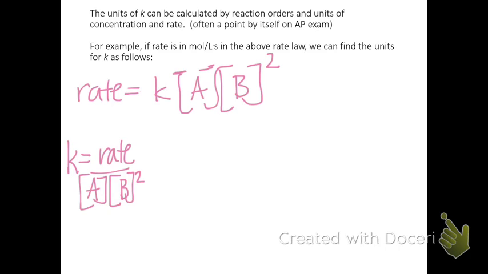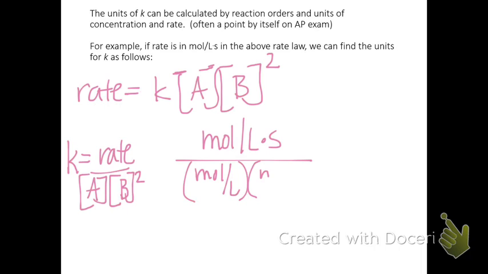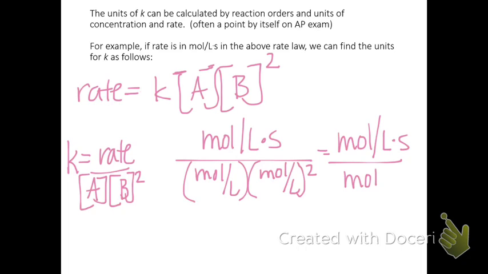If I put my rate on the top, and I'm just going to do units here, of moles per liter times second, that's going to be divided by moles per liter times moles per liter squared. So then it becomes moles per liter second divided by moles cubed, liters cubed.